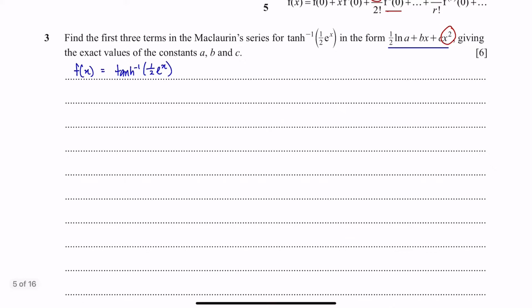So I'll use black. Okay. The derivative of arctan f(x) is f prime x over 1 minus the square of f(x).